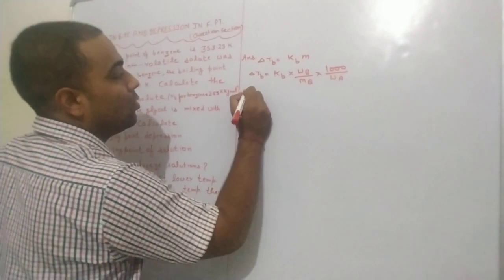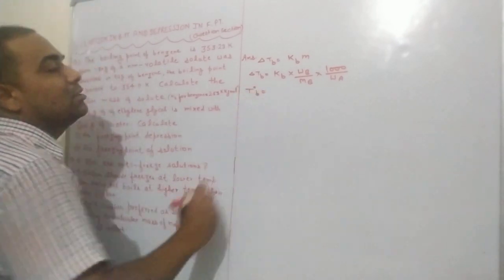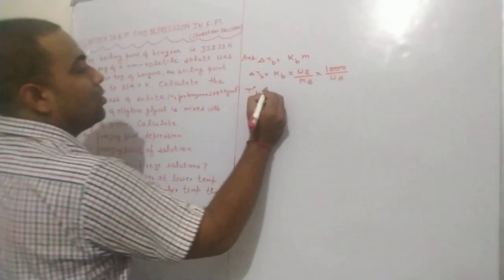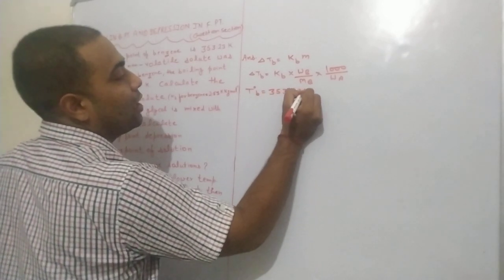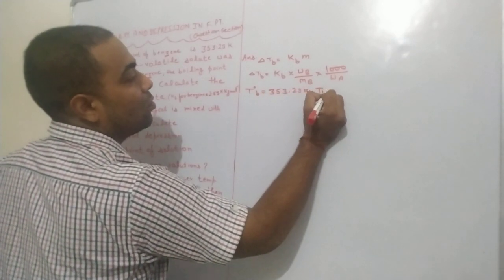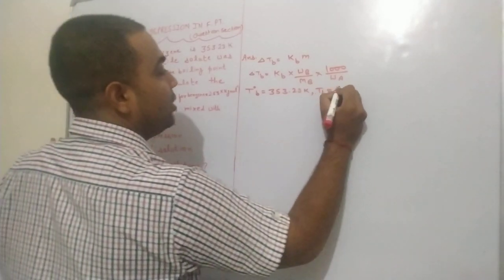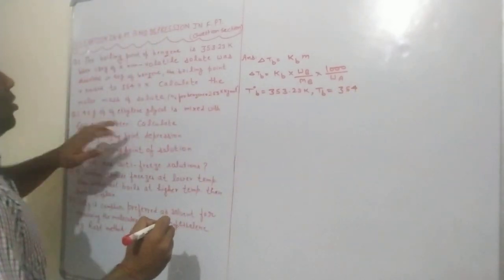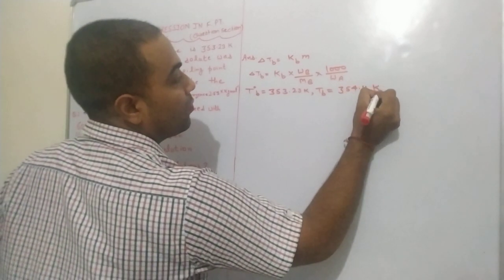It means T naught b, that is the boiling point of pure solvent, is 353.23 Kelvin, whereas the boiling point of solution, Tb, is 354.11 Kelvin.